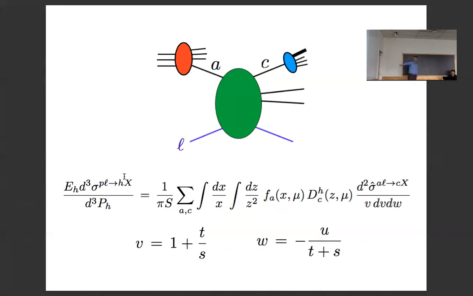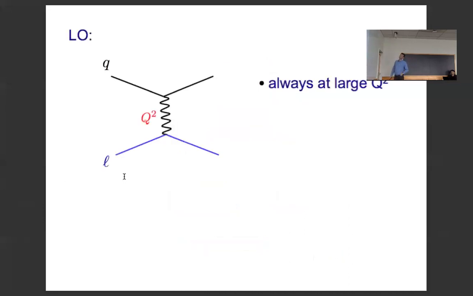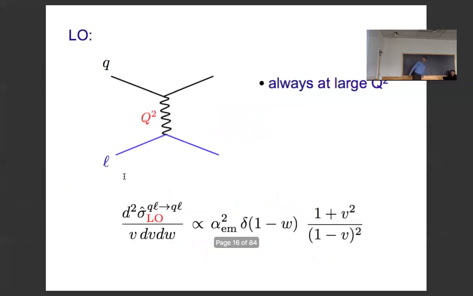At lowest order, of course, U and T and S add up to 0, and so W will be 1. We'll see that in a second. Here's the lowest order. At the lowest order, you only have the Platonic cross-section for lepton-quark scattering. If you observe the hadron at high PT, then this will always have large virtuality of the photon. So the order is a well-defined object by this cross-section.